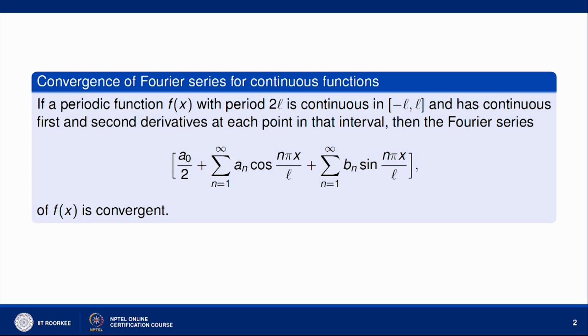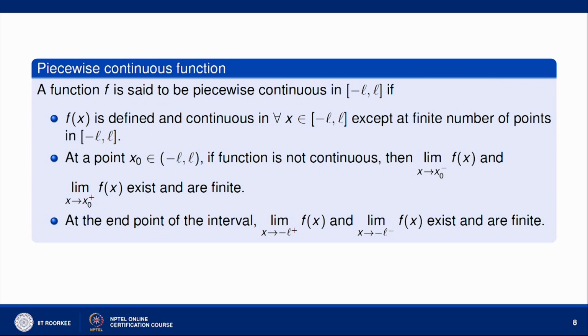So, this is the same proof which I have discussed here. Okay. Now, piecewise continuous function: we have already discussed this in Laplace transforms also. Piecewise continuous means that you divide the interval a comma b into a finite number of sub intervals, and if in each sub interval the function is continuous, we say that the function is piecewise continuous. Okay, the same thing we will define here.